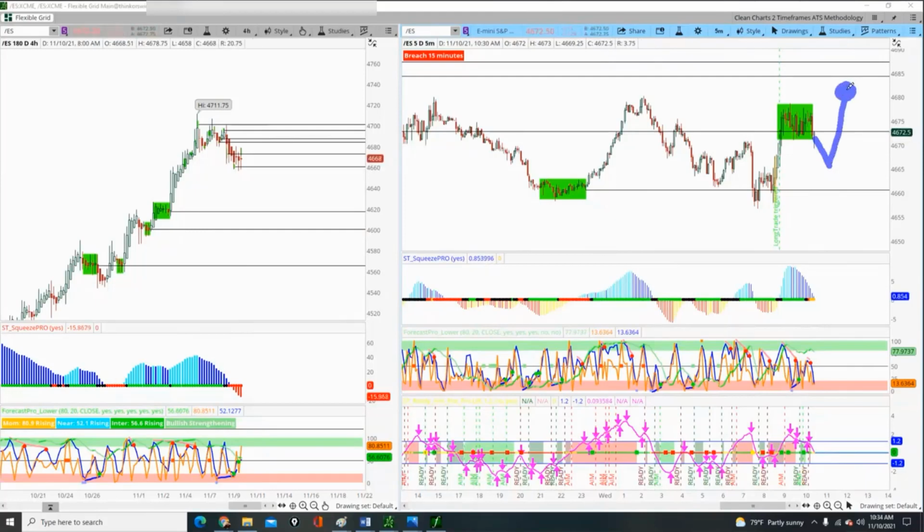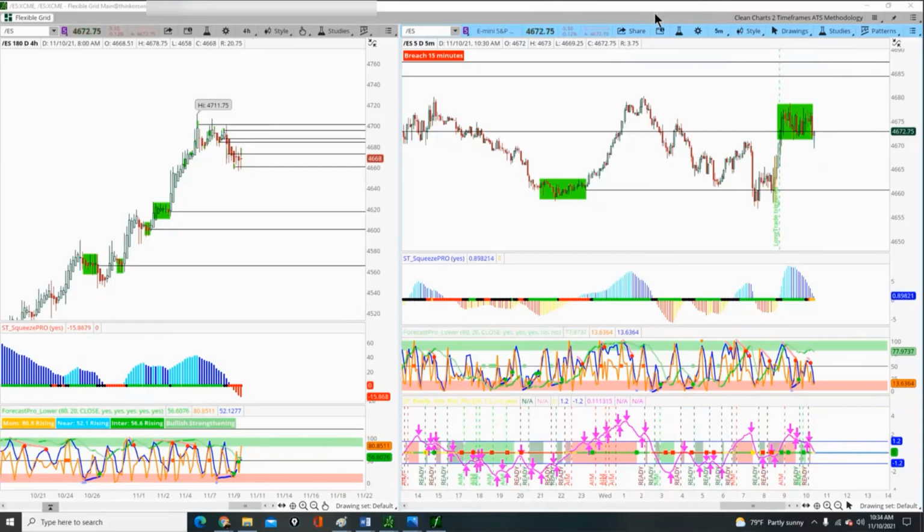Hit it up here, but watch this area. This area is everything. And then if it bounces off of that area, this could cause this to go up, then you trade that first flag.